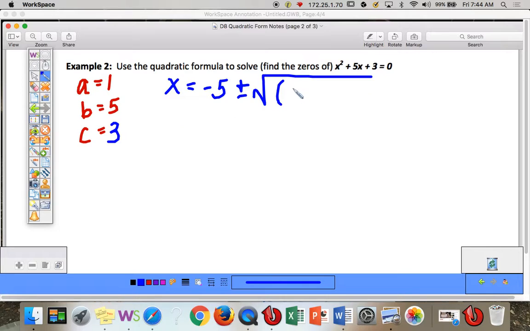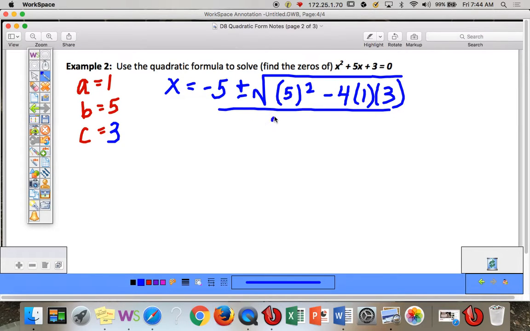So 5 squared, I'll put parentheses with what I plug in, minus 4AC. All of this over 2A.